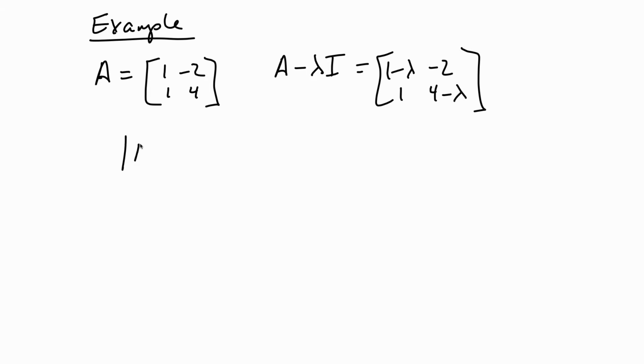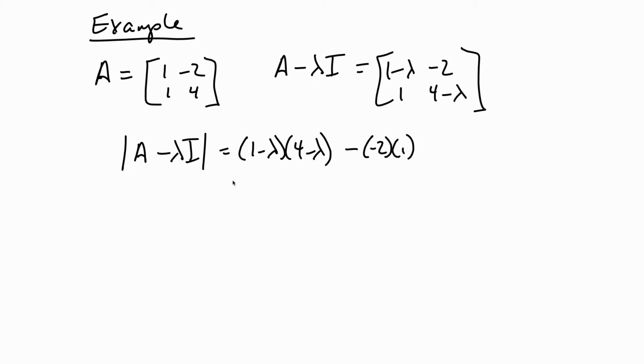The determinant of that is going to be 1 minus lambda times 4 minus lambda minus 2 times 1 is equal to 0.